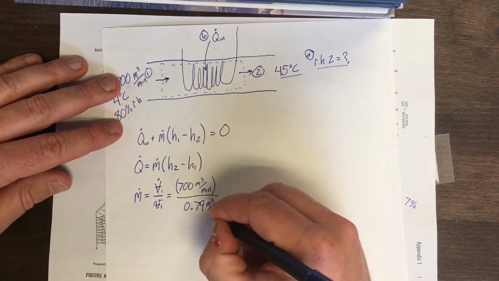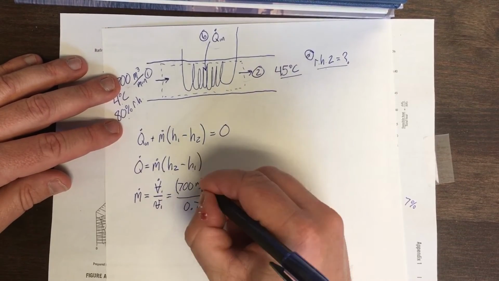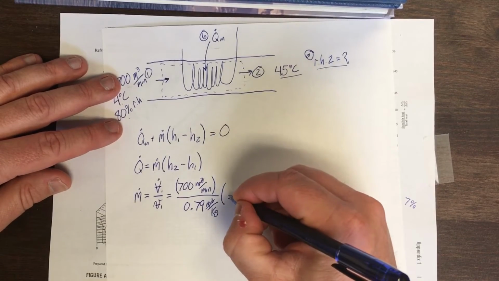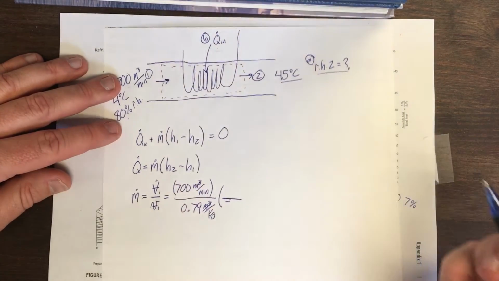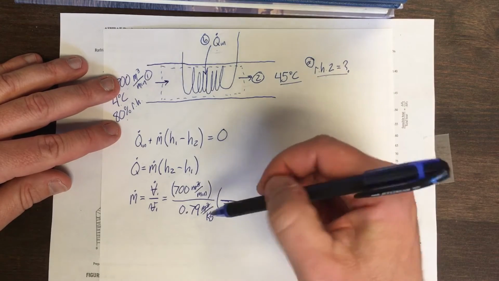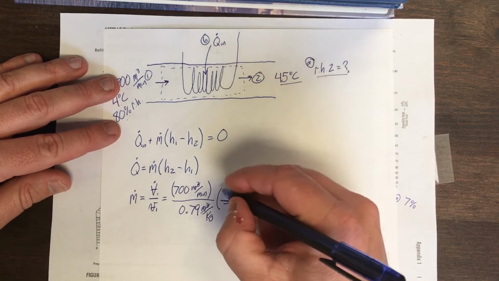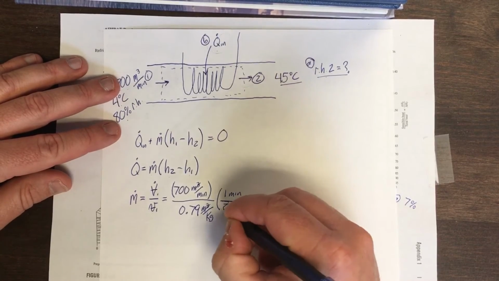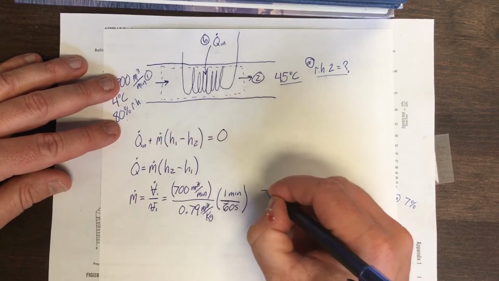Meters cubed per kilogram. So meters cubed cancel, kilograms go to the top. Actually, I want to do one more conversion. We're going to want kilowatts for our heat rate, so let's get from minutes to seconds. We've got minutes on the top, so 1 minute is the same as 60 seconds.